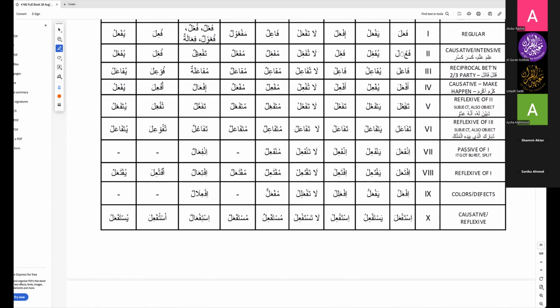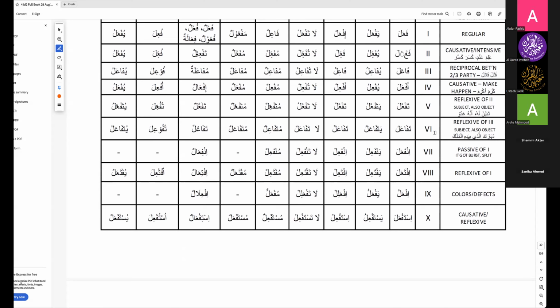Okay? Yatafa'alu, tafa'al, la tafa'al, mutafa'ilun, mutafa'alun, then tafa'ulun, tufi'ila, and yutafa'alu.